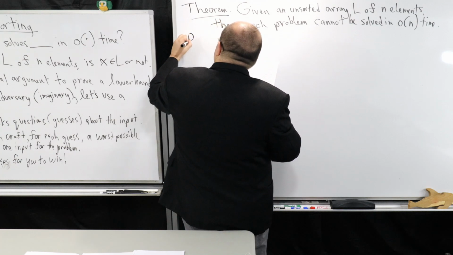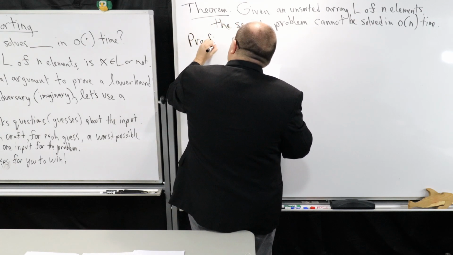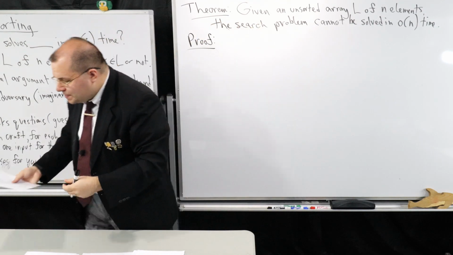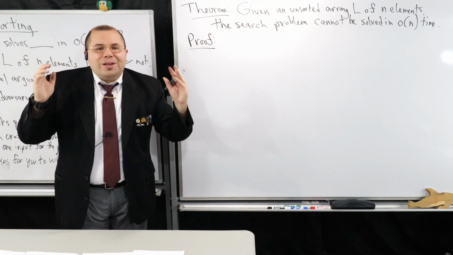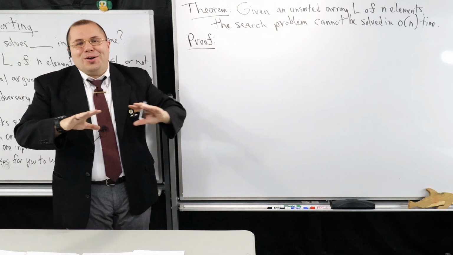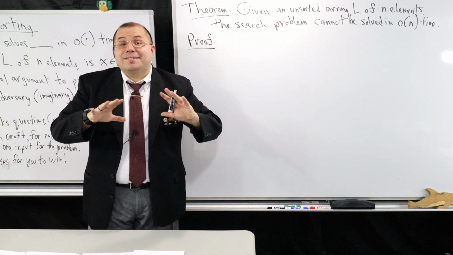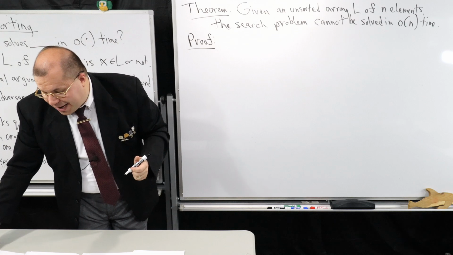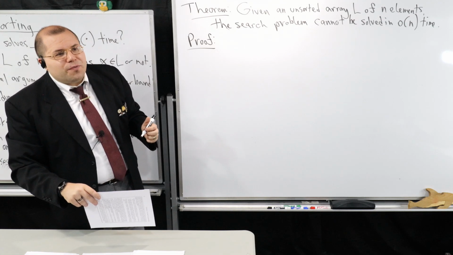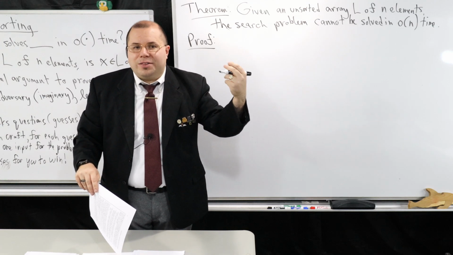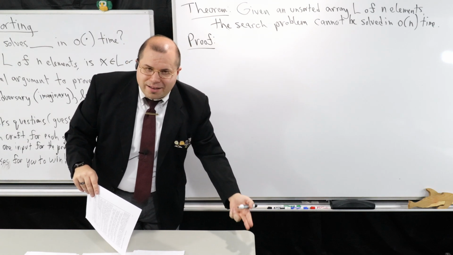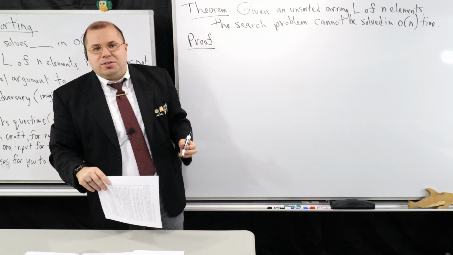So the big trick here is that, remember, I don't know what the algorithm is. I cannot make assumptions about what the algorithm's exact process is, just that it performs a series of guesses. In our case, that's going to be checking whether a spot is equal or not equal to the element.